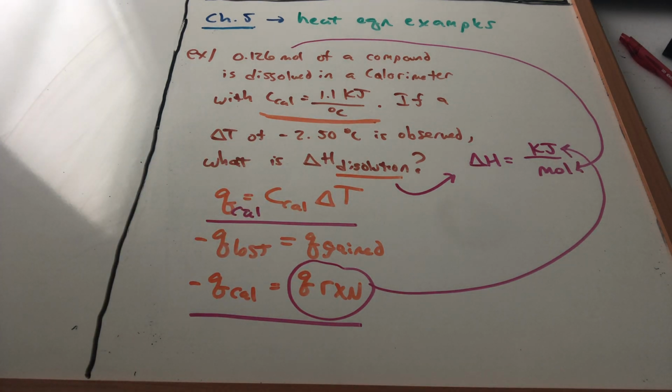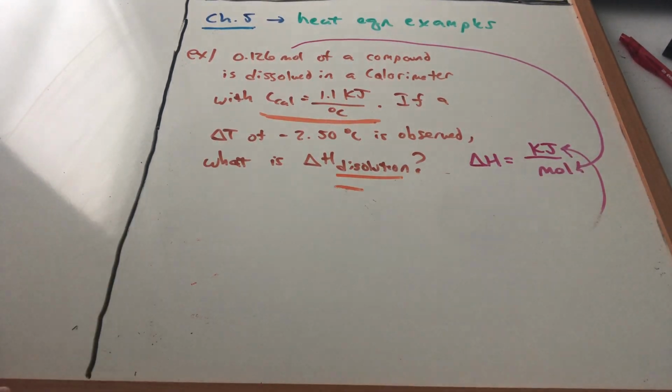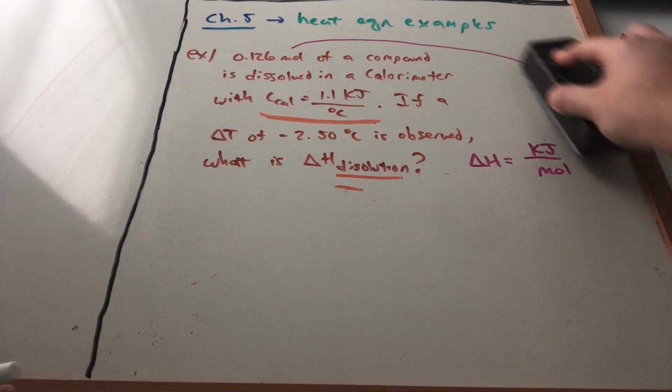So that's our thought process to actually start this problem. So let's take the information that we have and make sure we can get everything in the correct spot to get the correct answer here.